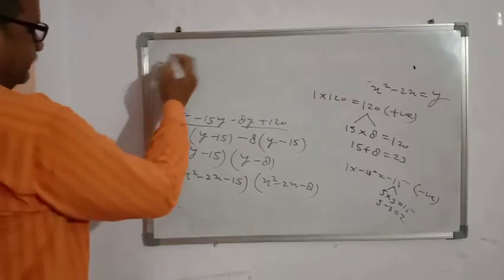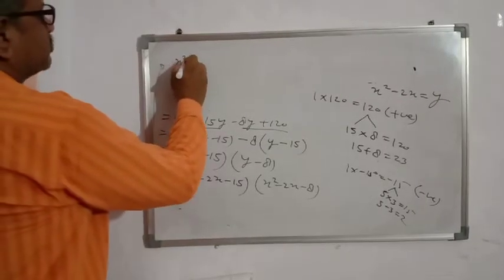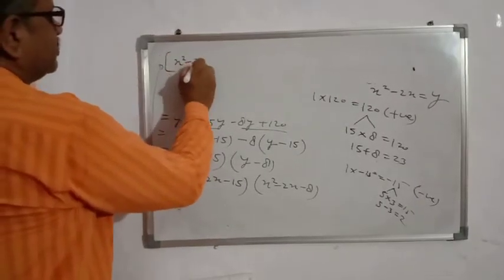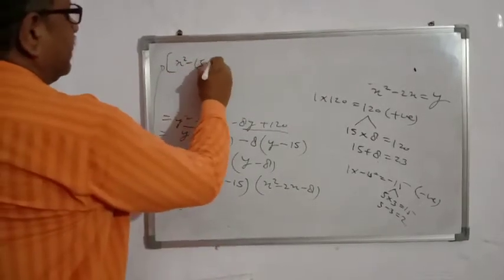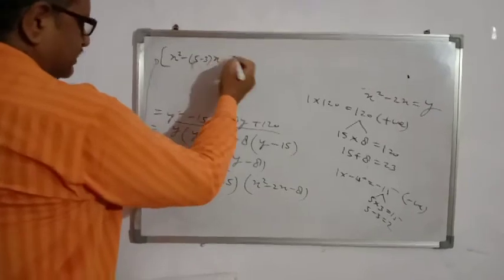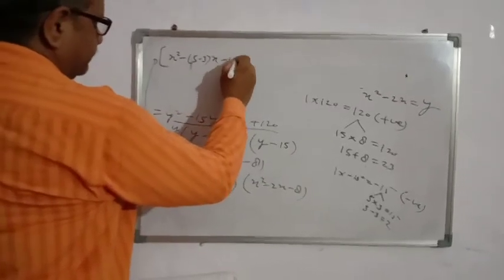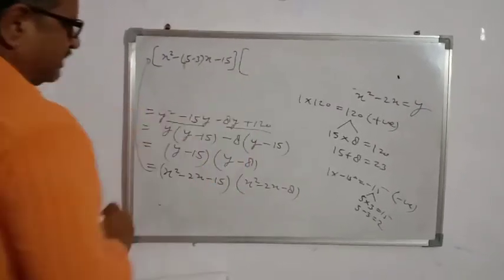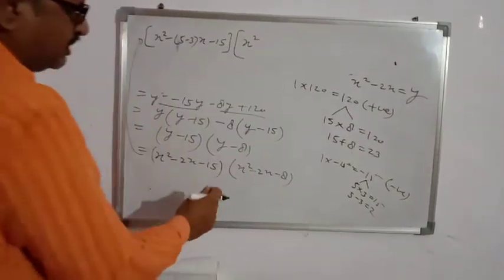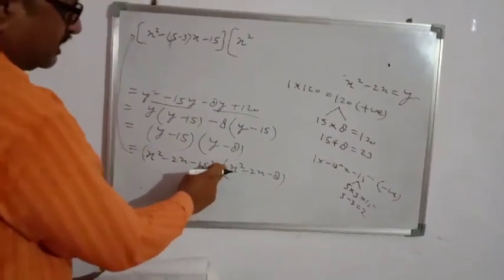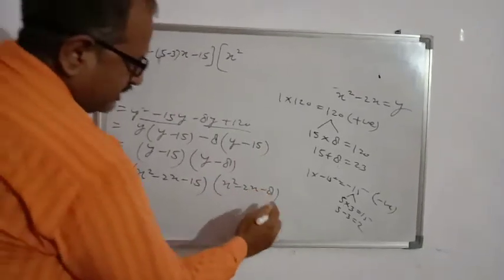So see here, x square, in place of 2 we have to write 5 minus 3: 5 minus 3 x minus 15. Next bracket, x square. What is the product here? Coefficient of x square is 1, constant term is 8.